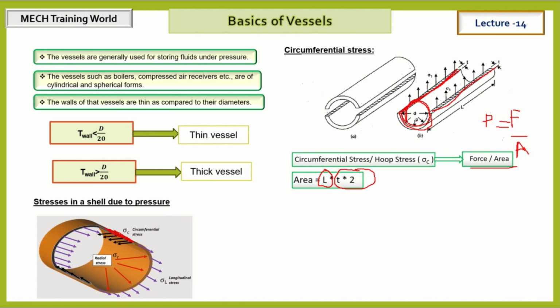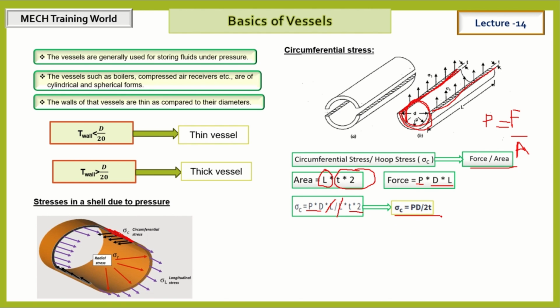The pressure acts on this area only, which is round, so the area is D into the length L. I hope you understand these two formulas. Now we divide the two: PdL by L into 2T. Cancelling L, we have PD by 2T. This is the formula for the circumferential stress induced in a cylindrical vessel. This formula is for a cylindrical vessel, guys.